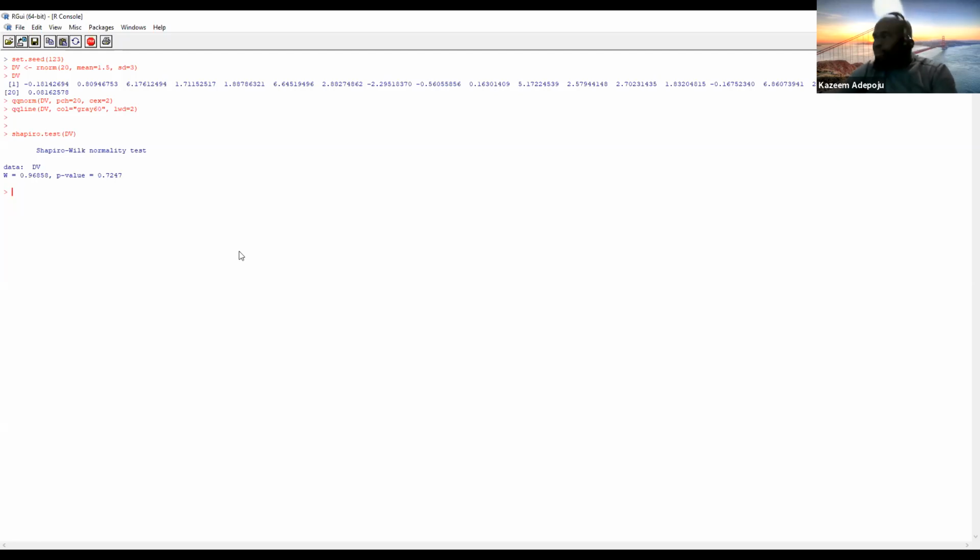I'm going to copy the other test now, because at times we may not have agreement between these tests, and there are conditions under which we can use any of them.